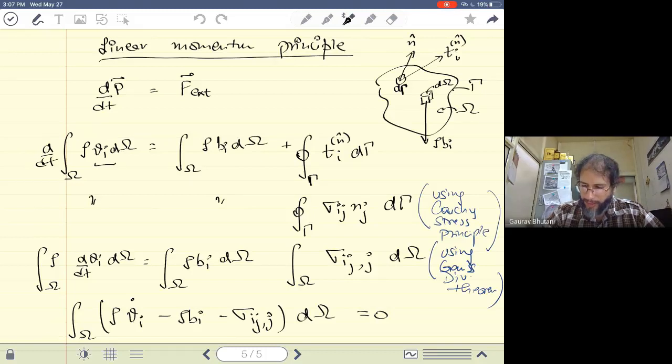So that means that we can choose any sub-volume in the complete body as omega. So since the integrand is 0 for any arbitrary volume, the only way this can be possible is that the integrand vanishes locally.